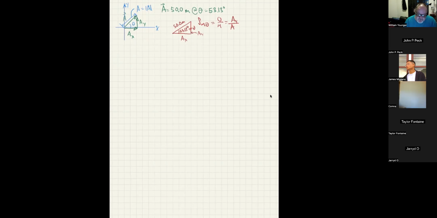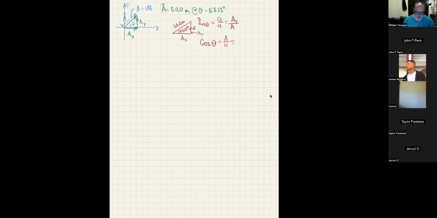So if you actually want to know A_y or A_x, what I'm telling you guys to do initially is go ahead and take the time and write out what the sine of theta is and write out what the cosine of theta is. So cosine is adjacent over hypotenuse. Another way of saying adjacent, because at least when I was in high school and probably even my first year of college, I didn't really understand what the word adjacent meant. What I've decided to tell people is it means touching.